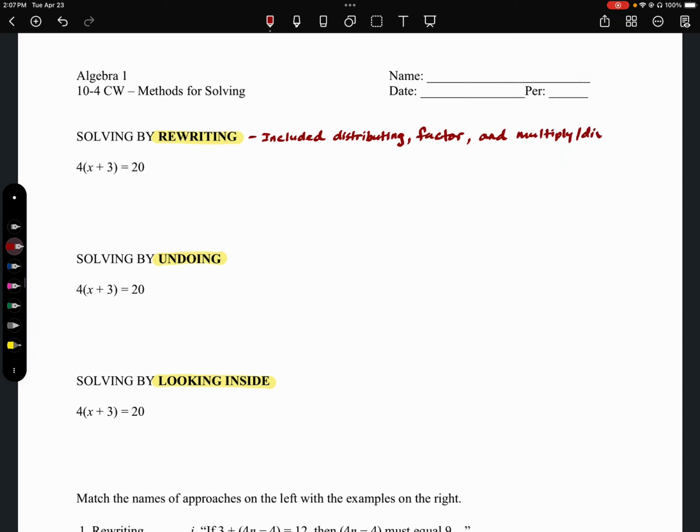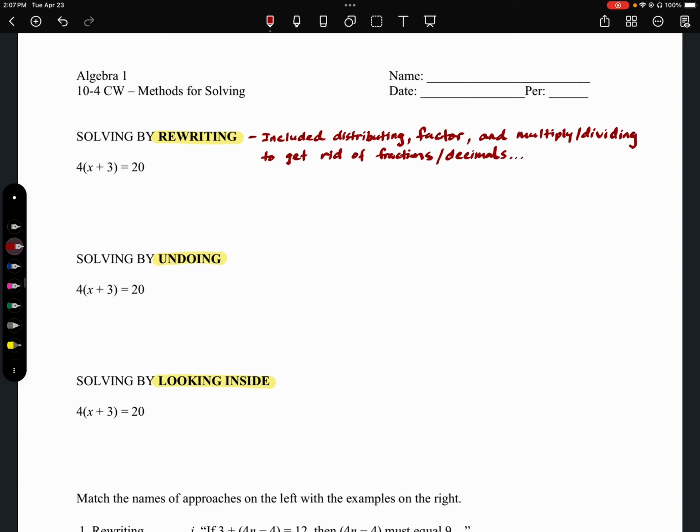This is like you did in the first or second section of this chapter, 10.1 and 10.2. It's basically trying to find a way to rewrite the equation to make it easier. So it includes all those different things and more.